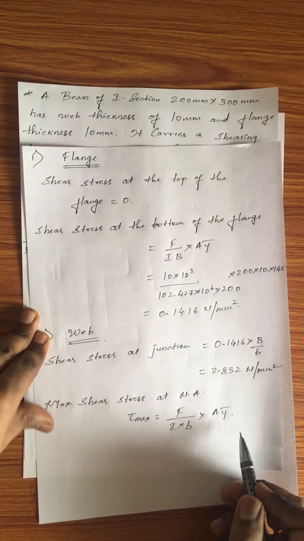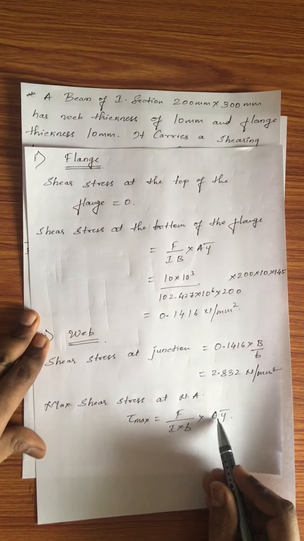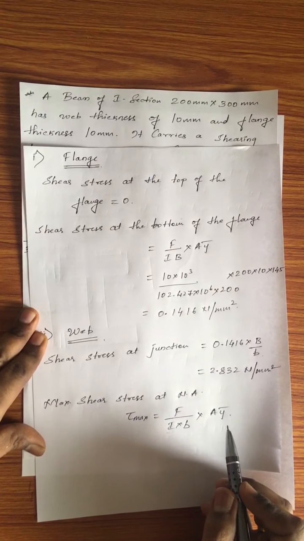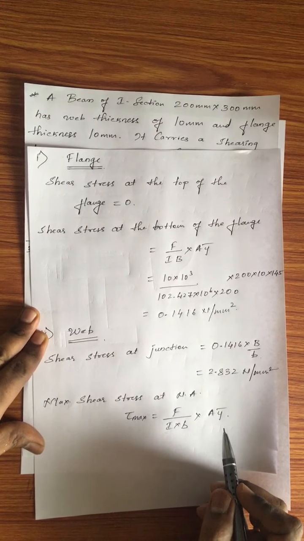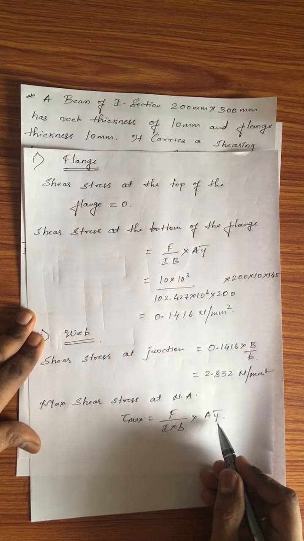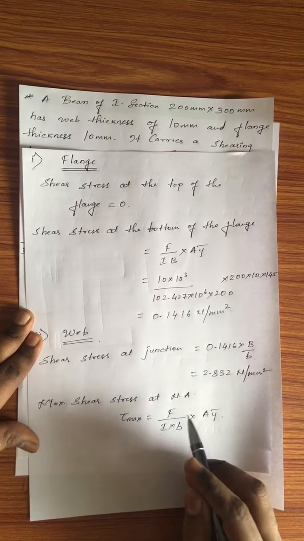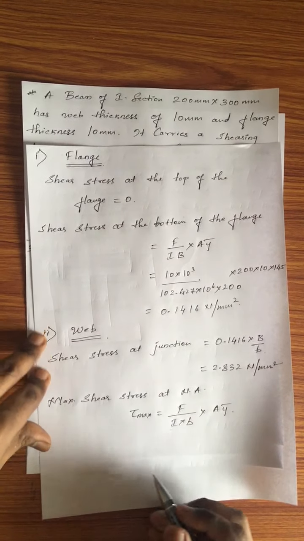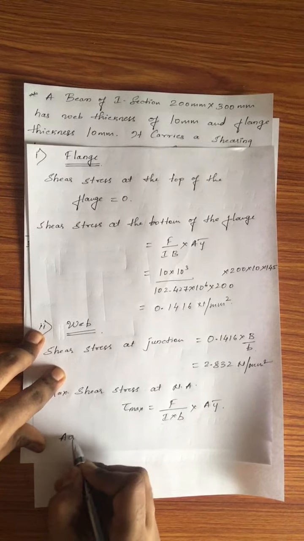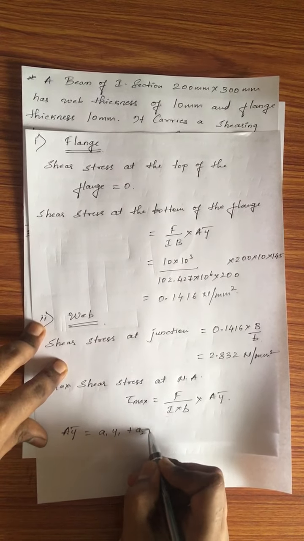Here A y bar means a1 y1 plus a2 y2, where a1 y1 is the area moment of the flange about the neutral axis, and a2 y2 is the area moment of the web above neutral axis, about neutral axis. So here I'll write it as A y bar is equal to a1 y1 plus a2 y2.